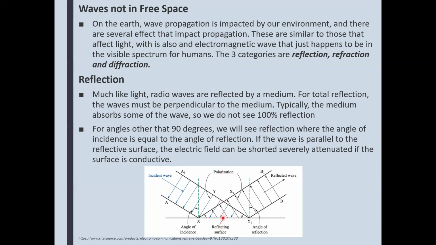If you draw an imaginary line perpendicular to the surface, that's the line that we measure the angle from. So this angle here is measured from that invisible line to the wave. And that line is called the normal.